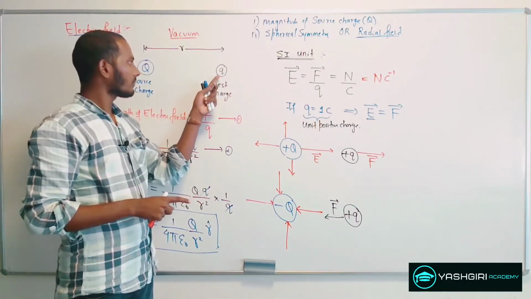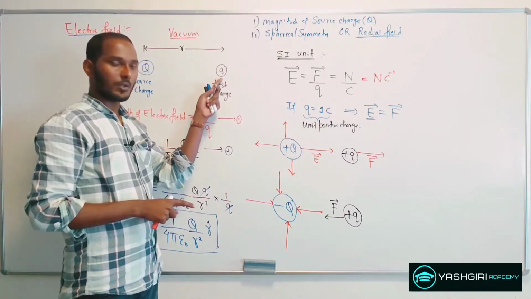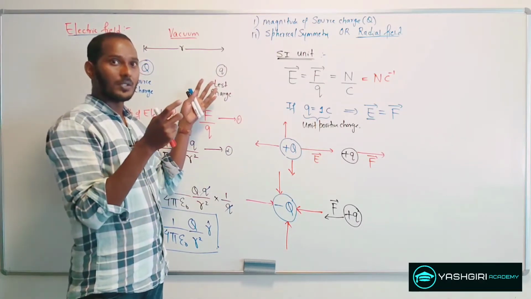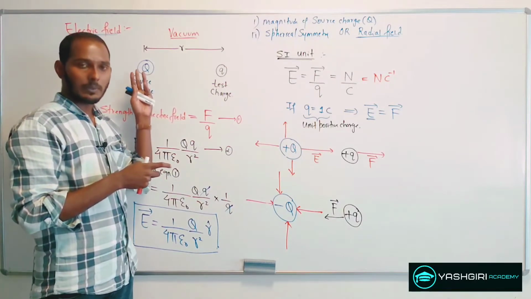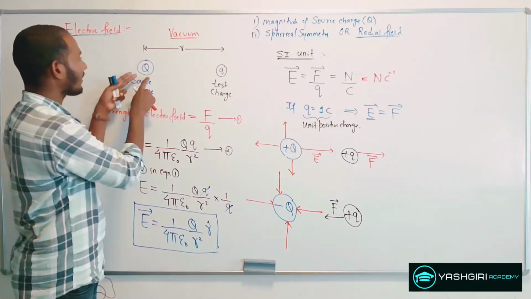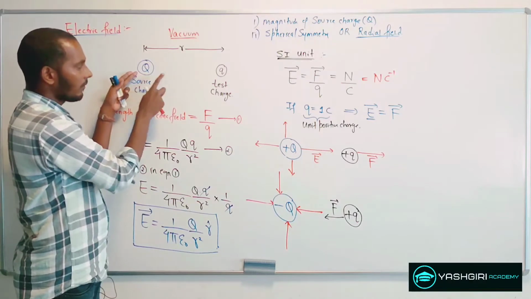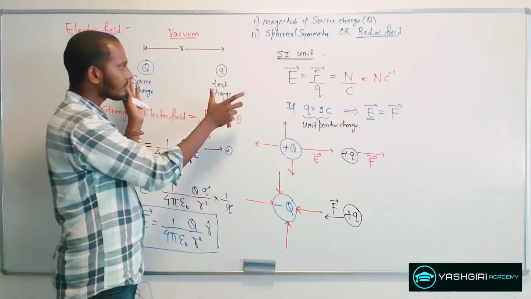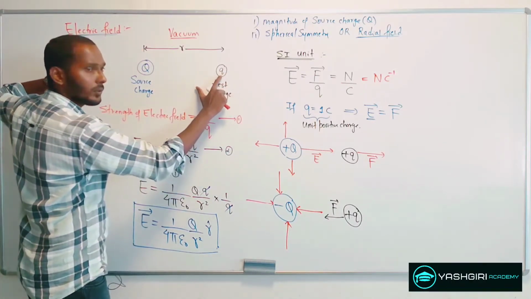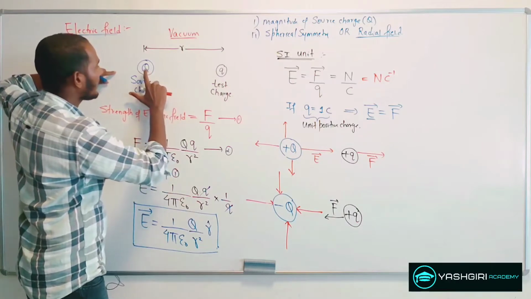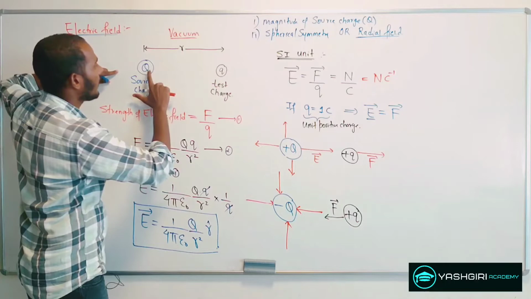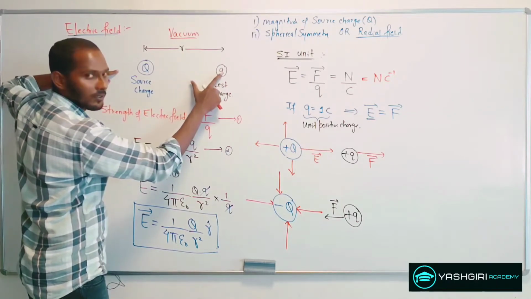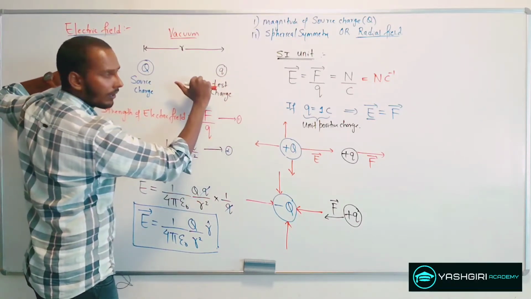If you take this test charge to be of some magnitude almost equal to the source charge, it will be very difficult to measure the electric field of the source charge, because capital Q will exert a force on small q, small q will exert a force on capital Q, and capital Q will also exert a force on it. So they will move, repel or attract.